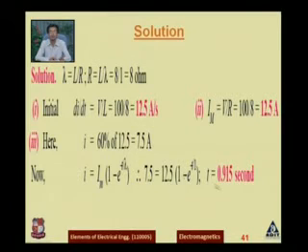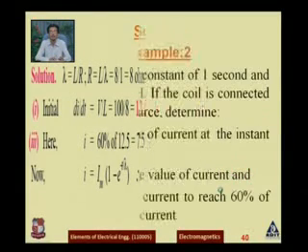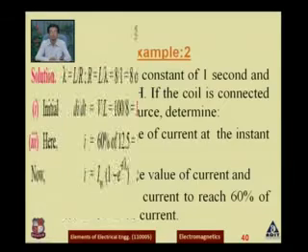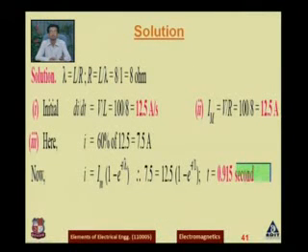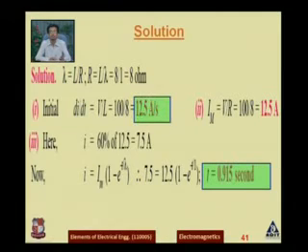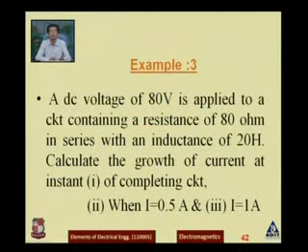Putting these values, you can find the time. So what is it? It will be 0.915 second. That means this is the time taken to reach 60% of the steady state value. So these are the three values that we have got.